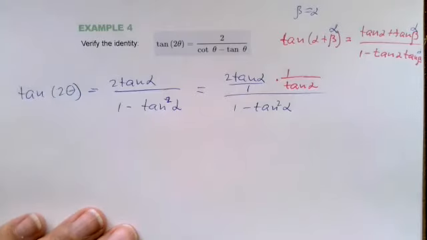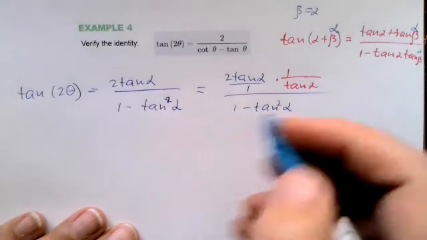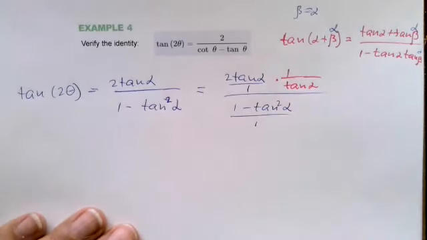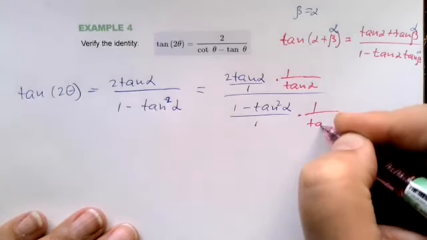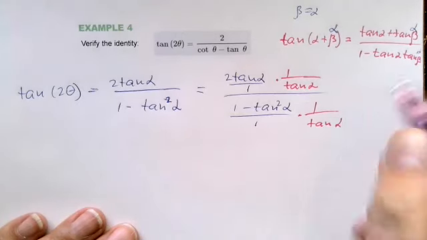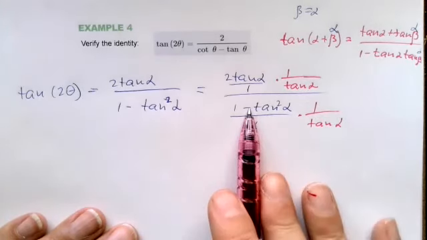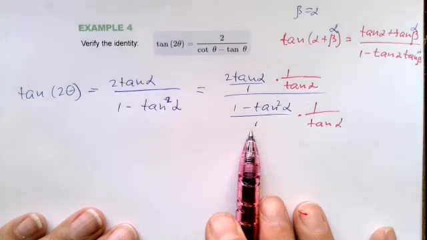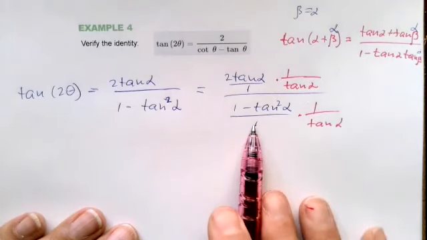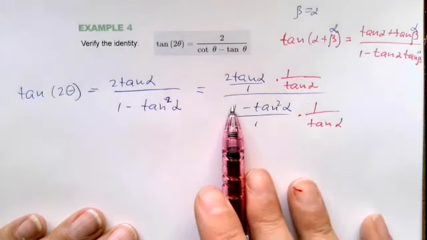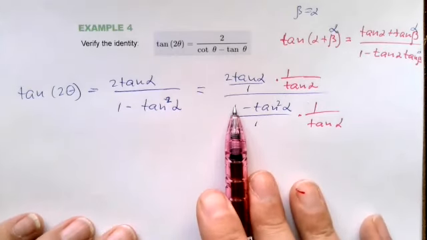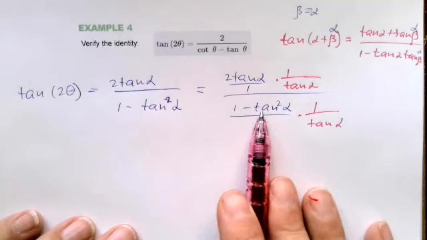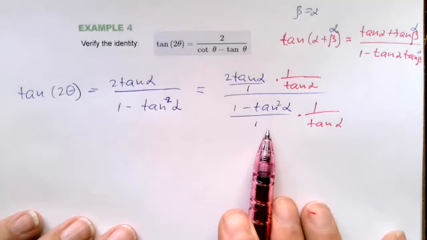I'm going to divide everything. Okay, so let's do it step by step, so as not to confuse you guys. Eventually, when I multiply this fraction by that fraction, I'm going to have tangent alpha on the bottom, and then I'm going to separate it into 2 fractions: 1 over tangent minus tangent squared over tangent.